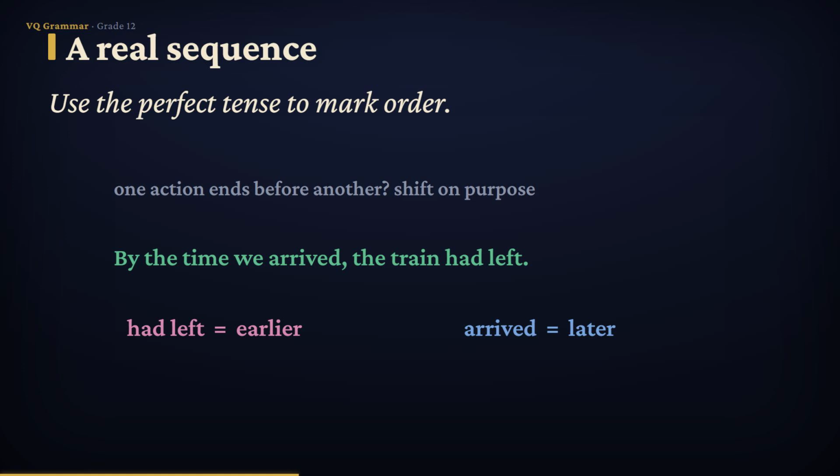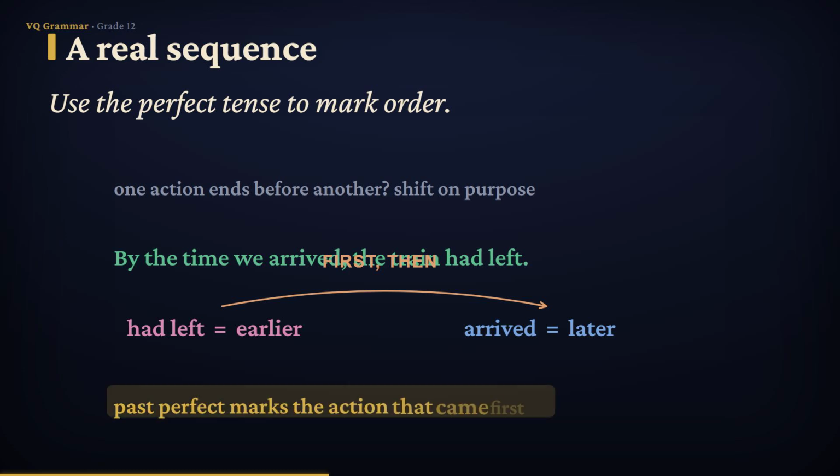To mark that order, the earlier action steps back into the past perfect, had left. The later action, arrived, stays in the simple past. See the sequence? First one thing, then the other. So remember, the past perfect marks the action that came first, and it keeps your reader's timeline crystal clear.